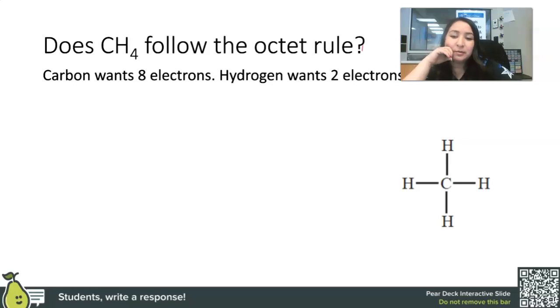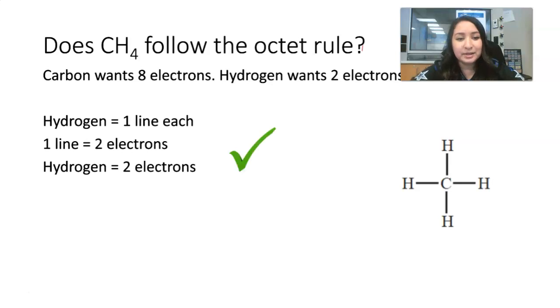Okay, hopefully you already clicked play. We're going to continue. So, does carbon follow the octet rule, and does hydrogen follow it? First, let's look at the hydrogens. Yes, hydrogen does follow the octet rule, even though it is the exception.